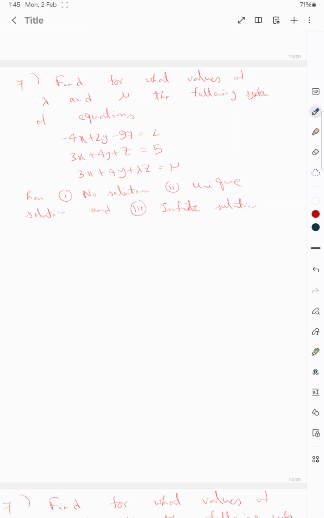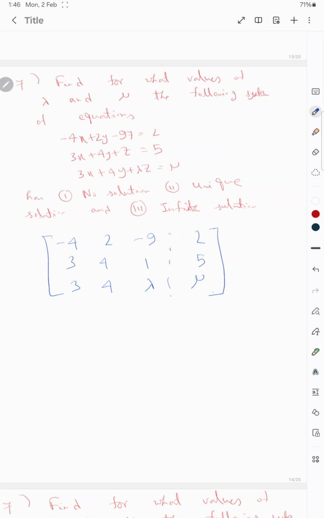First your job is to consider the augmented matrix: -4 2 -9 2, 3 4 1 5, 3 4 lambda mu. Okay, this type of thing you have.